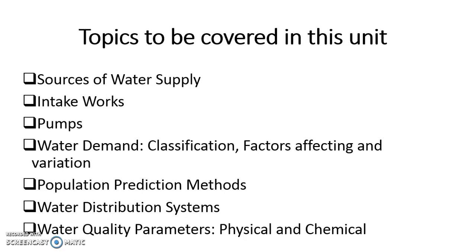Pumps or pumping stations are used to deliver the water with sufficient pressure, with sufficient head, to the water treatment plant. These pumps are also utilized in water distribution systems when water is being distributed in the different localities.